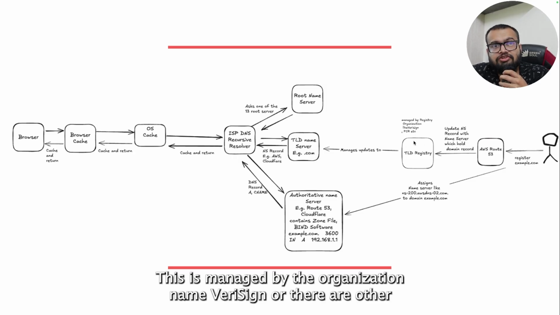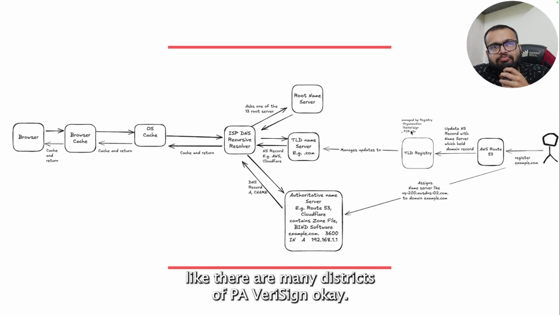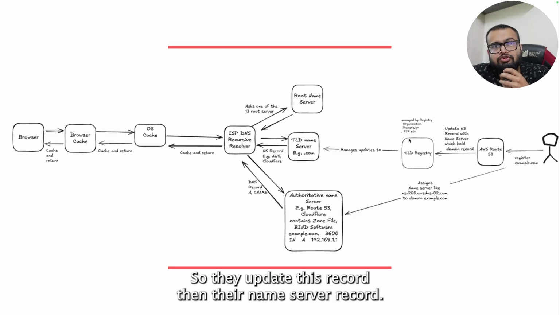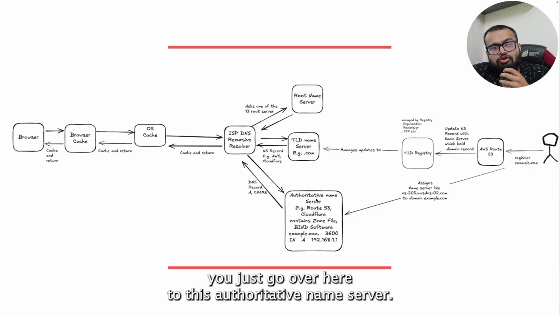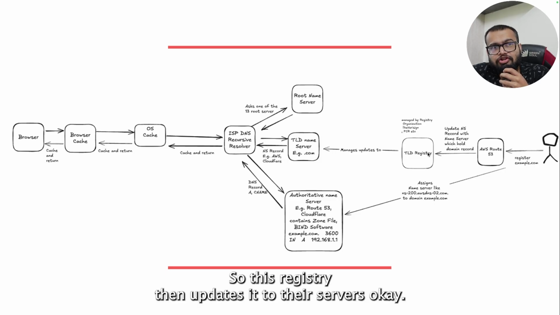This is managed by the organization named VeriSign, or there are many TLD registries, PIR, VeriSign. So they update this record, their name server record. They say that if example.com comes, you just go over here to this authoritative name server. This registry then updates it to their servers.